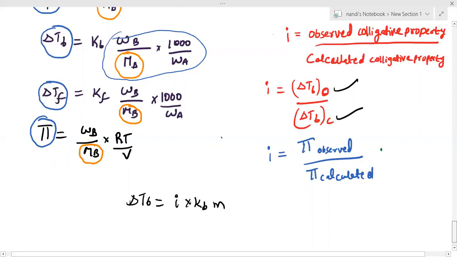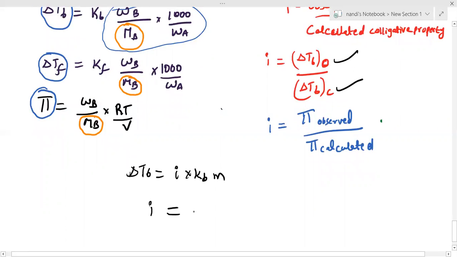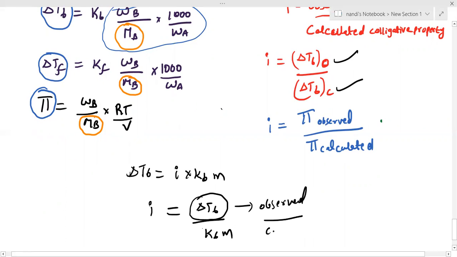So we write the i value from this formula: i equals delta TB by KB into m. The upper delta TB is the observed colligative property, and KB into m is the calculated colligative property. Understood? So we are using all formulas with respect to the Van't Hoff factor.